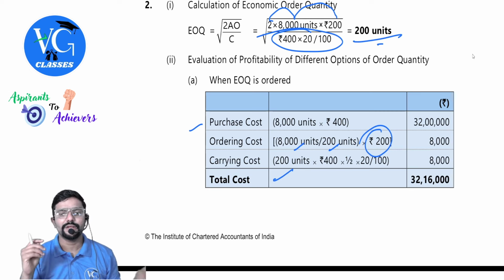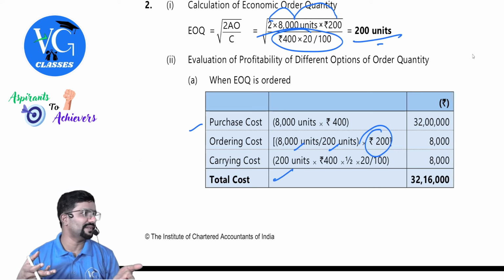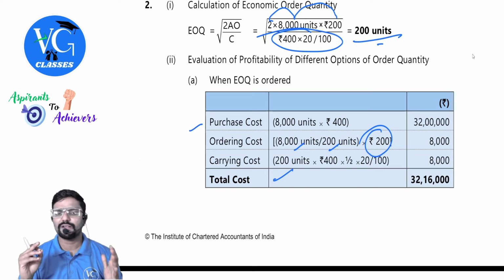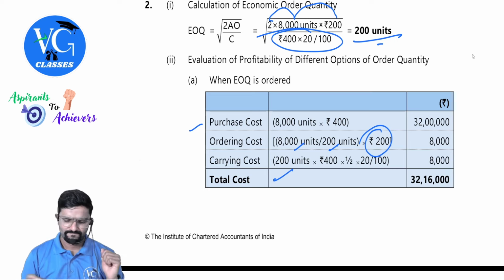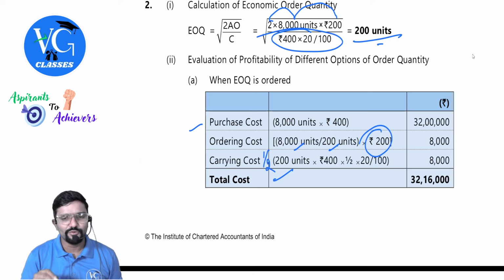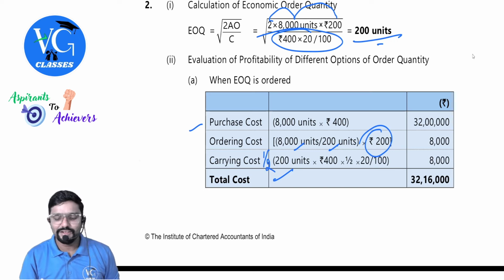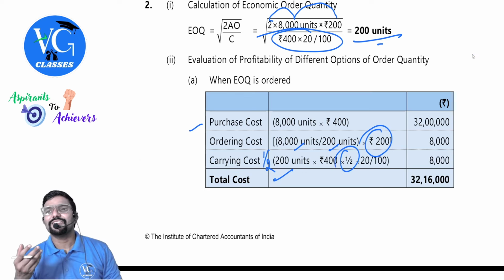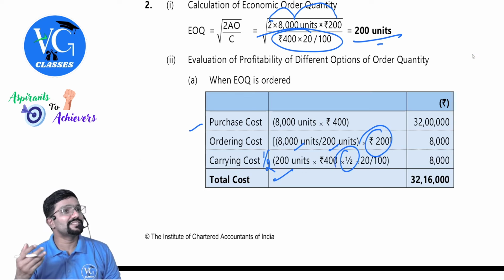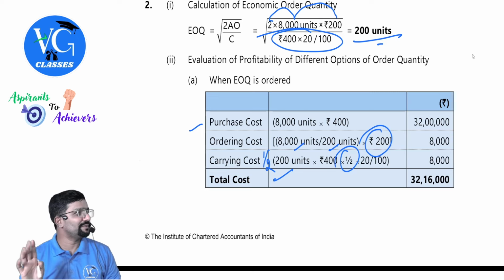Then coming to carrying cost, here they have done it in only one step: 200 units, that is lot size, into... a mismatch they have done. Better take half at the beginning, because 400 into 20% straight away, or in between they have put half. When students see this kind of question, they wonder what this half in between is. Is it 20% half of it? No, 20% is 20% only.